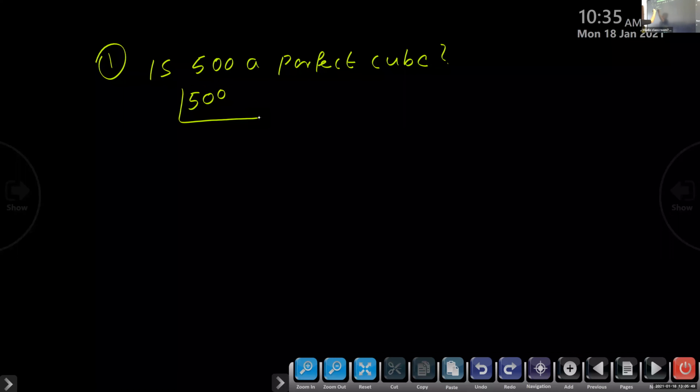First, by 2 we will divide. So 500 by 2 is 250.